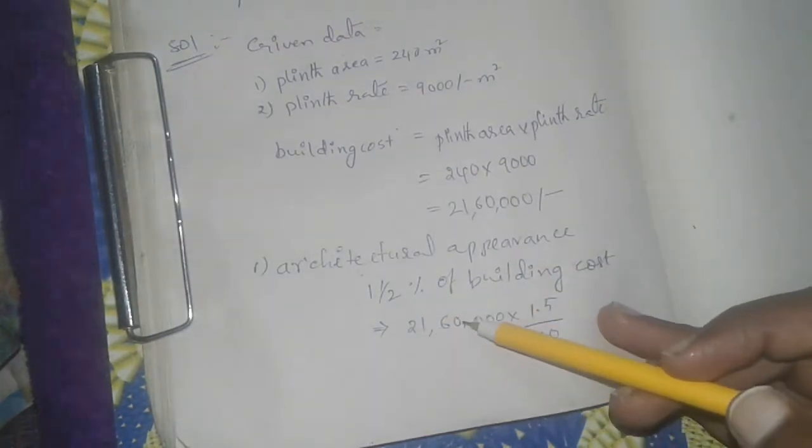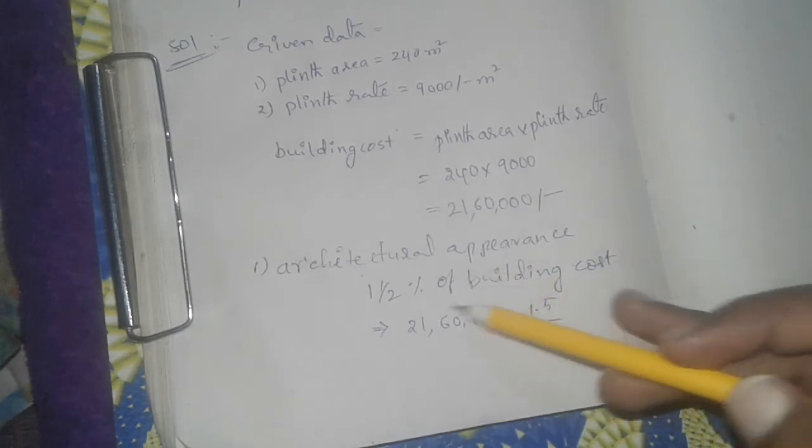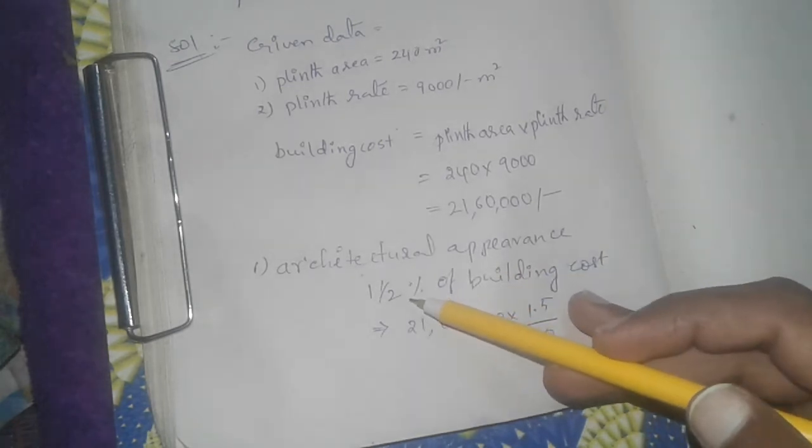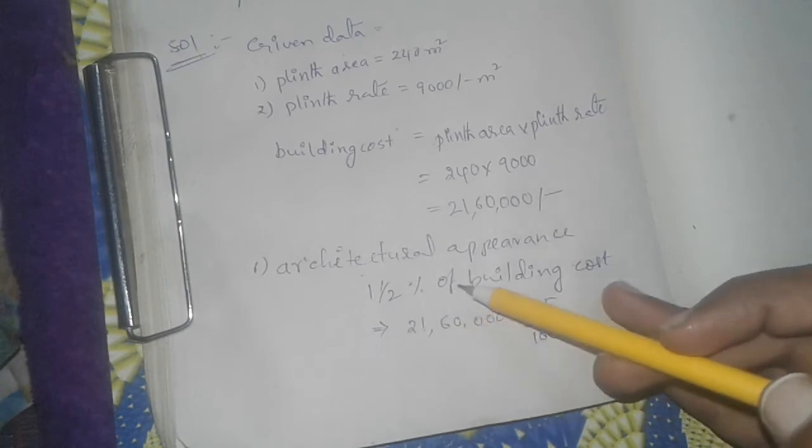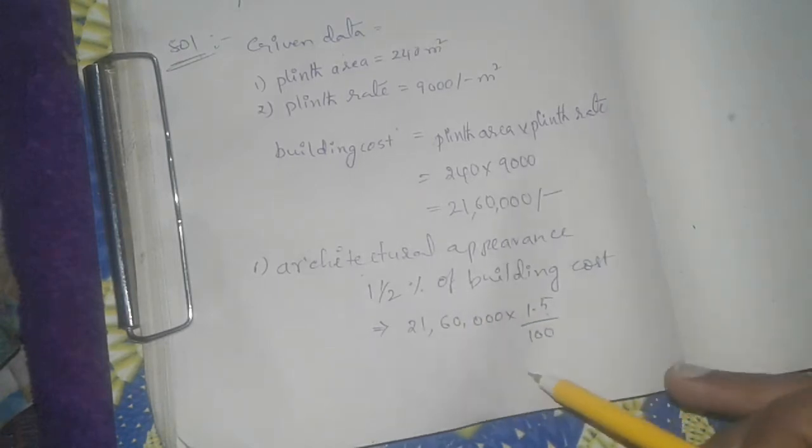Then 21 lakh 60,000 into 1.5, since 1 by 2 means 1.5, by 100.